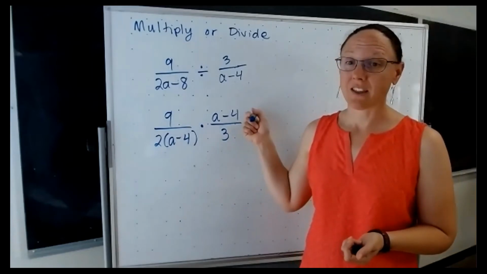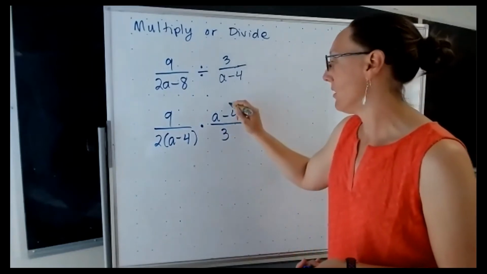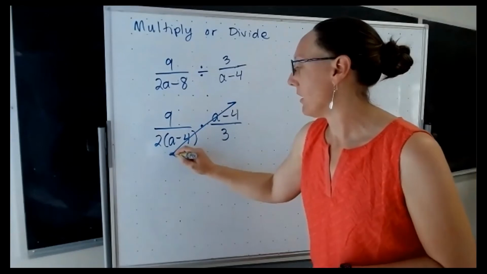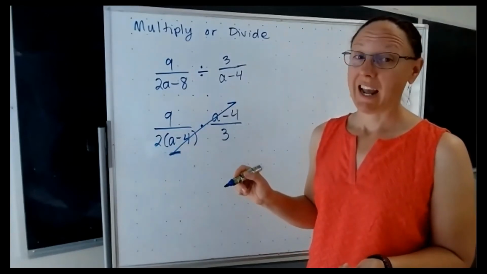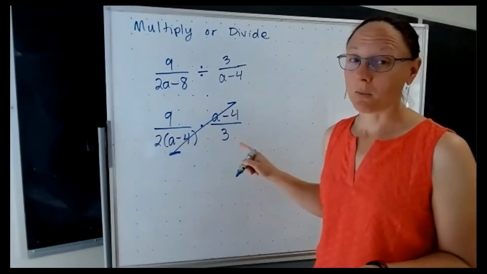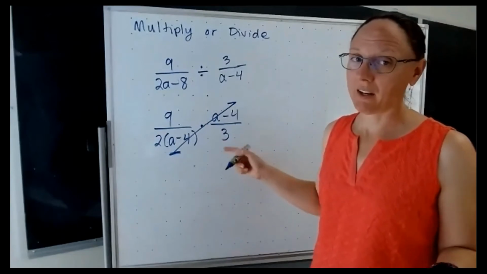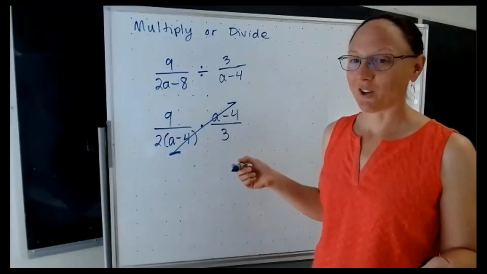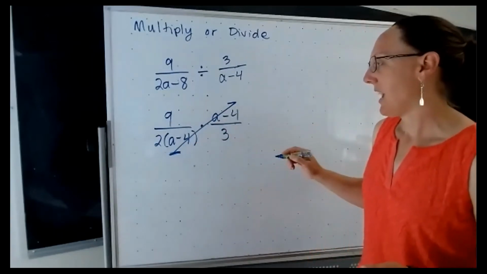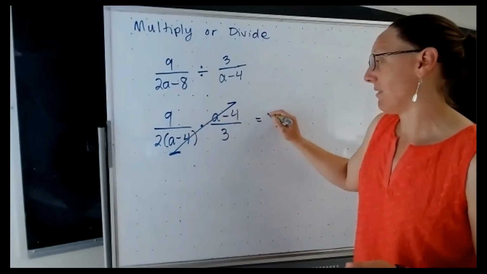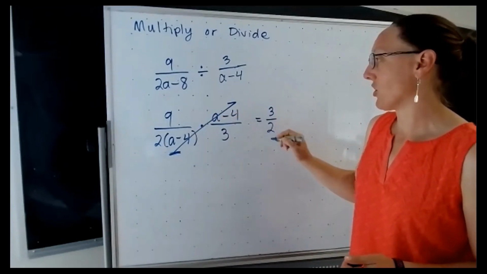I can already see that those a minus 4s are going to give me a big fat 1. And I could just multiply straight across on the bottom, but 9 divided by 3, I can also simplify. And 9 divided by 3 is going to leave me with a 3. And then I've got that 2 in the denominator.